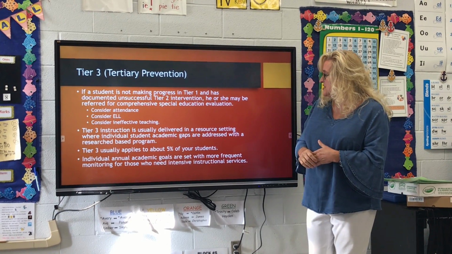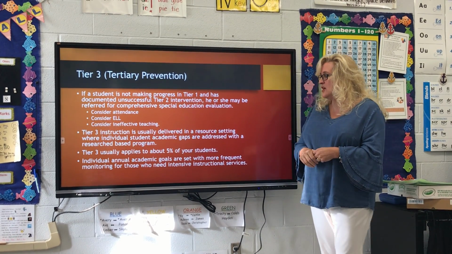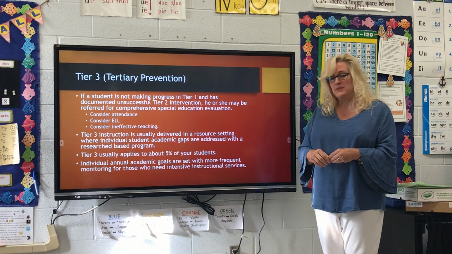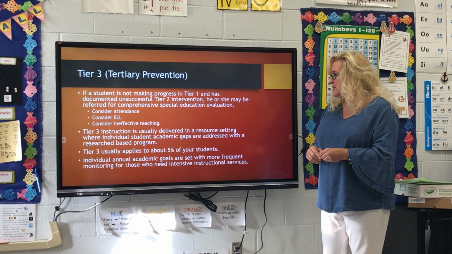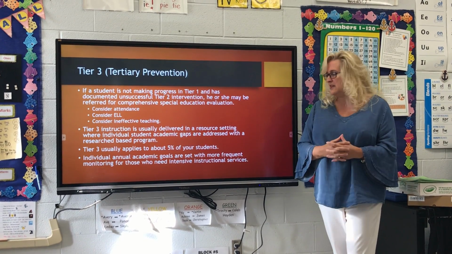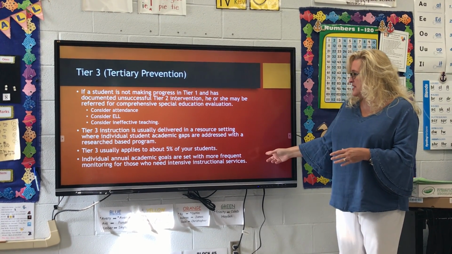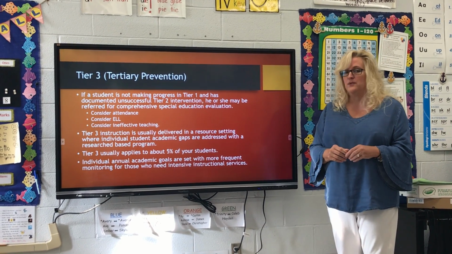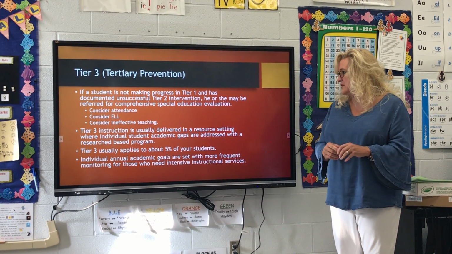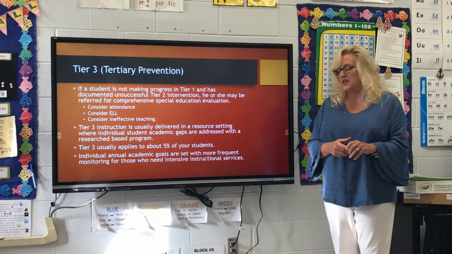Tier 3 instruction is usually delivered in a resource setting where individual student academic gaps are addressed with a research-based program. Tier 3 usually applies to only 5% of your students. Individual and annual academic goals are set with more frequent monitoring for those who need this intensive instruction.